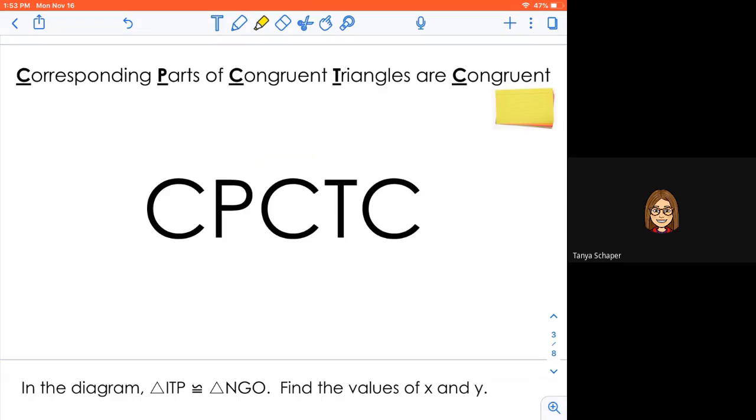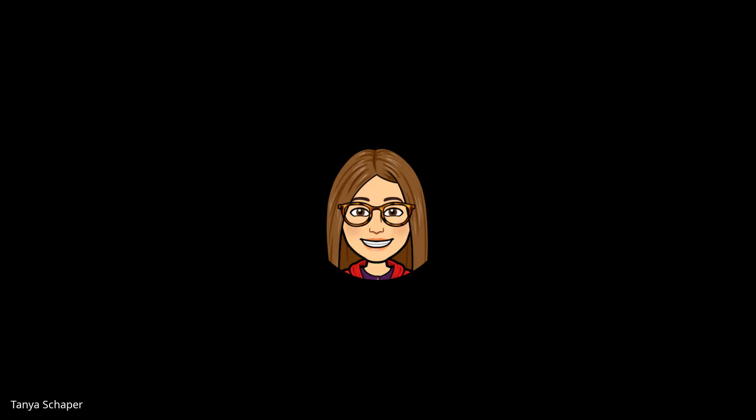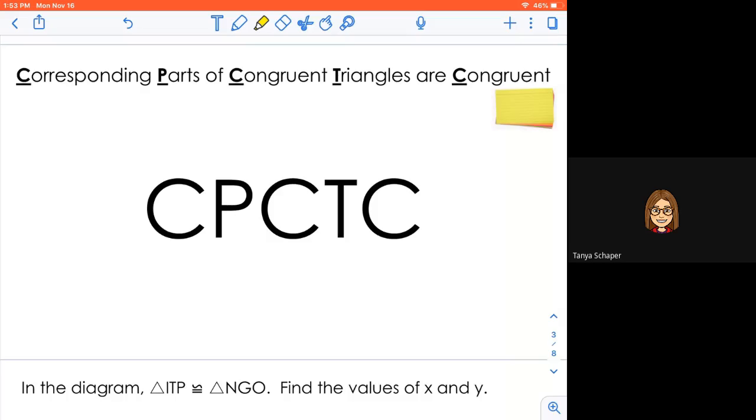All right, CPCTC. This is a reason that we're going to be using in our proofs a fair amount. I need you to practice it. Corresponding parts of congruent triangles are congruent.